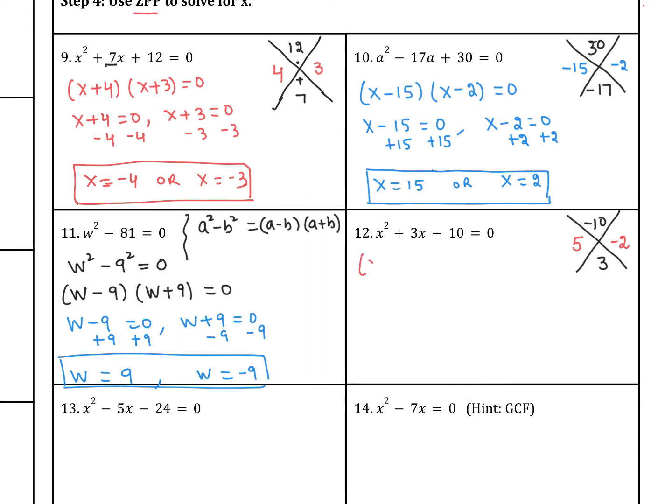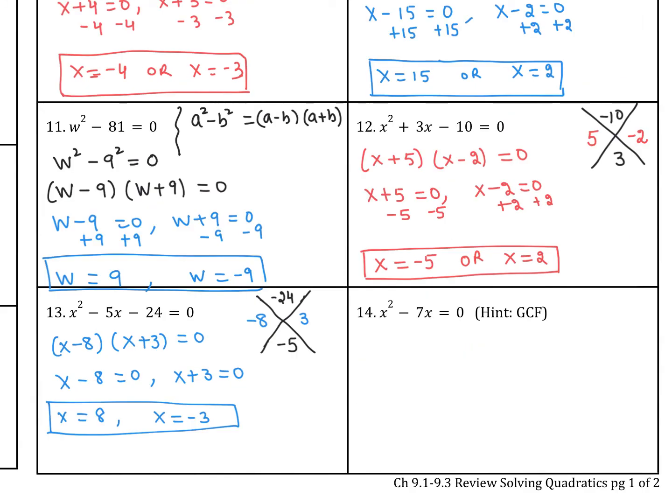So the factors are x plus 5 times x minus 2 equals 0. You put them equal to 0 one by one, and then solve for x. To solve for x, you do the opposite operation: subtract 5 here and add 2 here. So the two answers are x equals negative 5 or x equals 2.